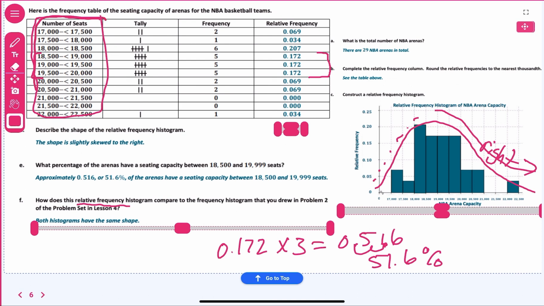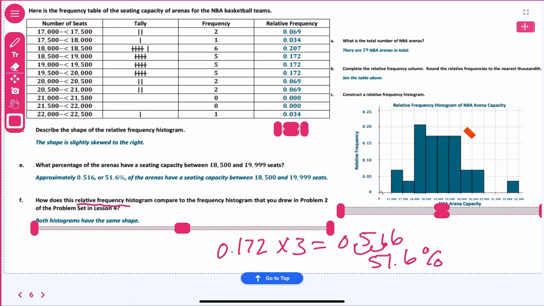As long as they use the same intervals here, this has to be the same. There's no change in that. As long as they use the same values down here on the bottom for the relative frequency and the regular frequency, it's going to look the exact same.